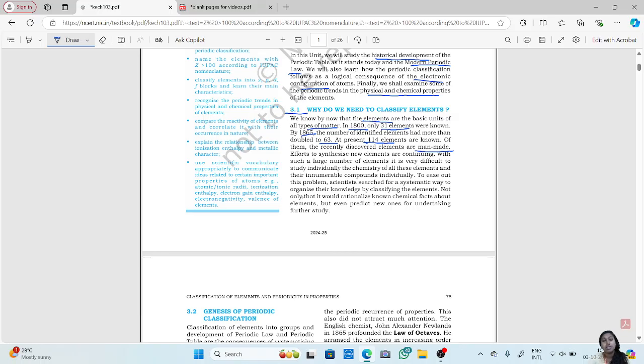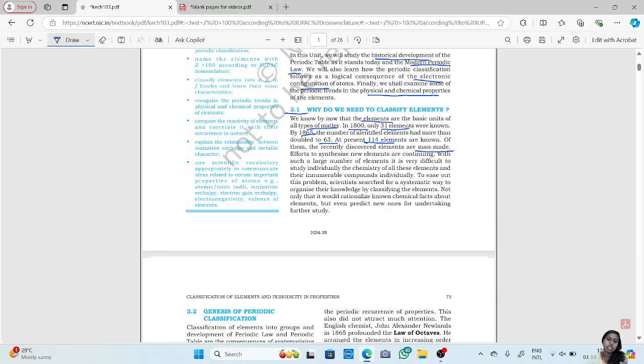Now efforts to synthesize new elements are continuing. Some scientists are carrying out various experiments to synthesize new elements. With such a large number of elements, it is very difficult to study individually the chemistry of all these elements, and there are innumerable compounds. So now we know there are a lot of elements, right? At 114, still there is synthesis going on. To study each and everything is difficult if it is randomly arranged, right?